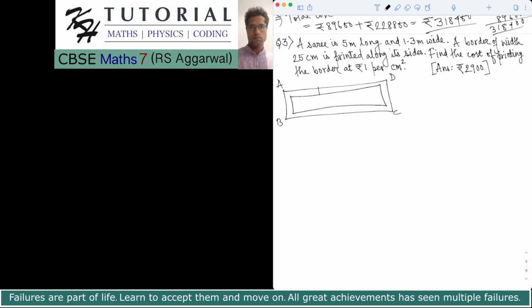All these places where the border is of the same width are x. The width of the border is x, where x is given to be equal to 25 centimeter. The cost of printing the border is rupees 1 per centimeter square.